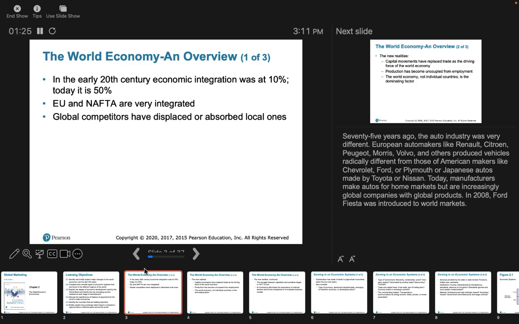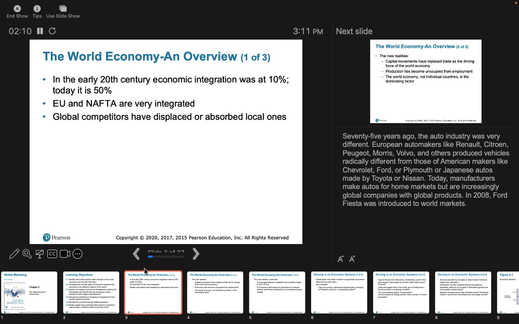However, though there are a lot of advantages that come with trading globally, this has really displaced and also absorbed local firms. These companies that operate in different parts of the world have the resources and the experience, and they are able to do better in the places where they operate, overshadowing the local ones.